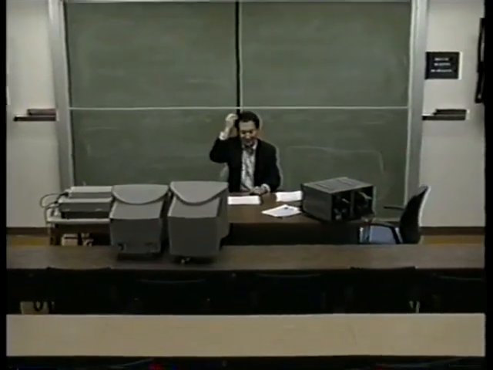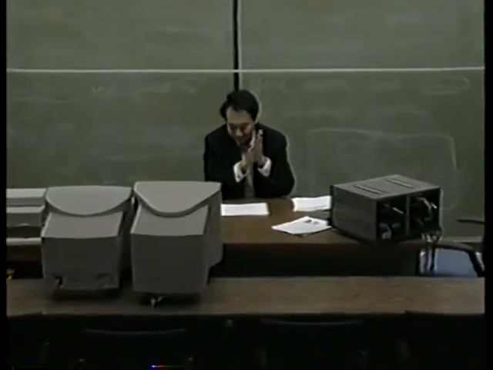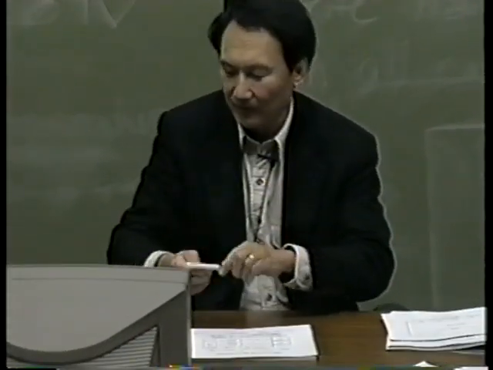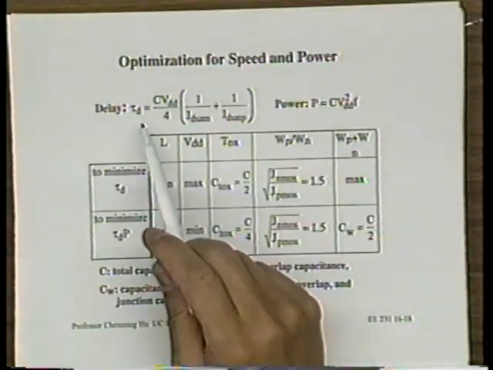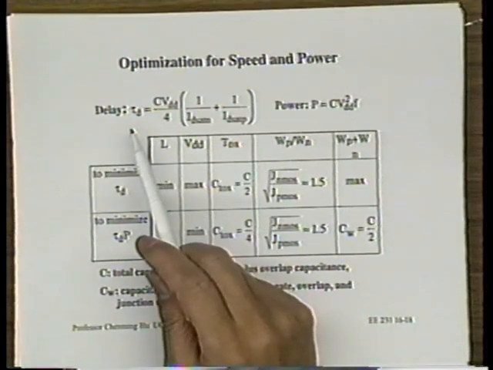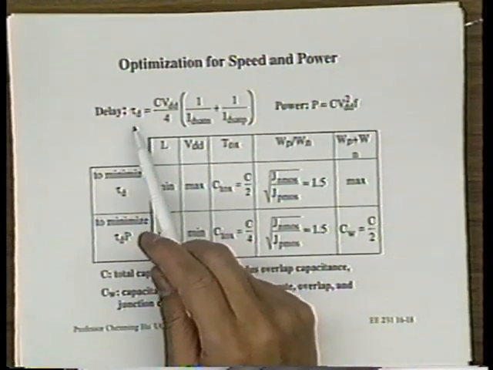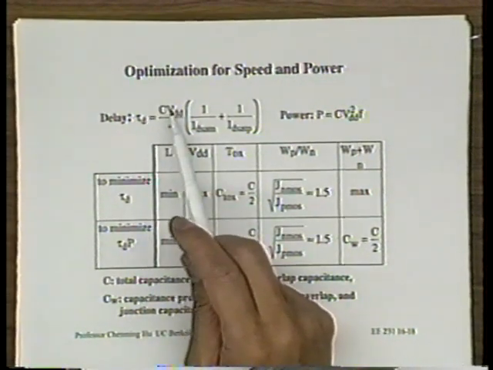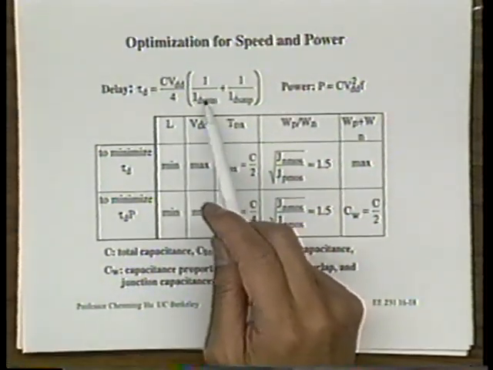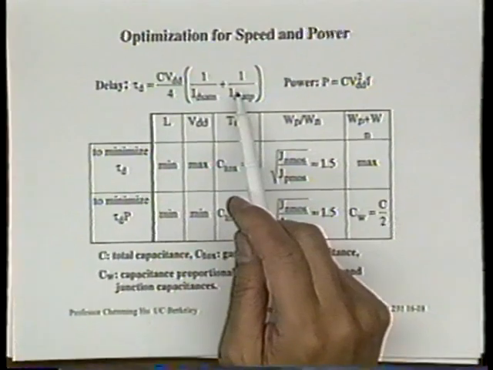All right, let's start. The last time we looked at the equation for the CMOS inverter delay. Delay time tau d, C times VDD, that's the charge, Q. Q divided by the current gives us the fall time and rise time.